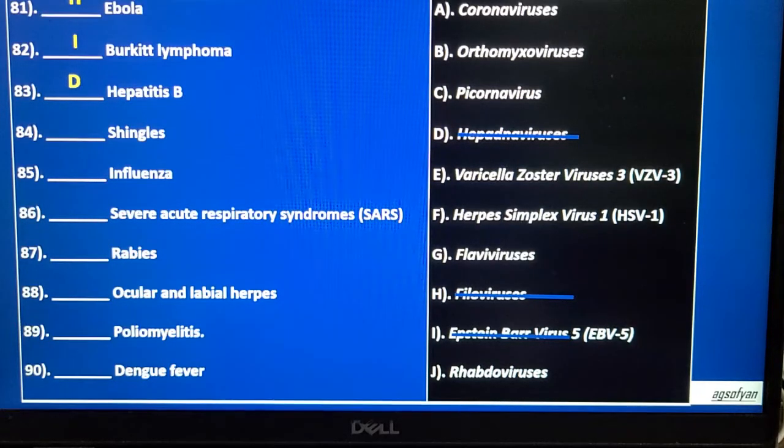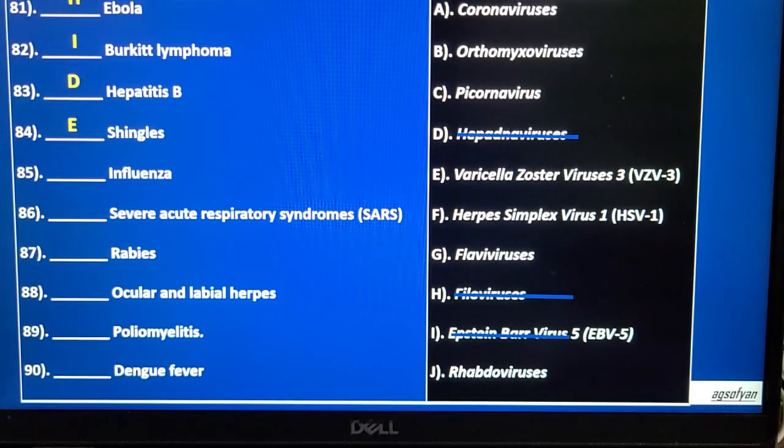Okay, shingles. Yes, shingles is caused by the same virus that causes chickenpox. So it's going to be VZV, varicella zoster virus, number 3. Varicella is chickenpox. Zoster is shingles.